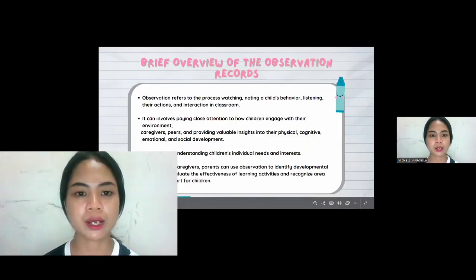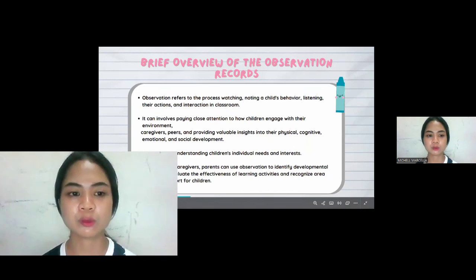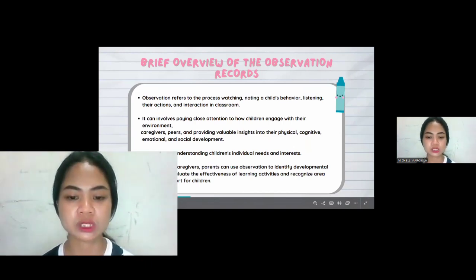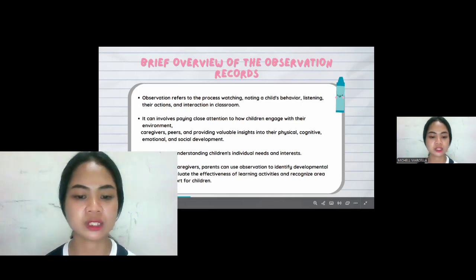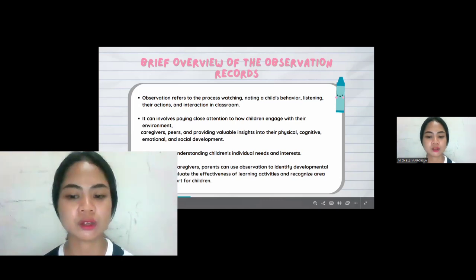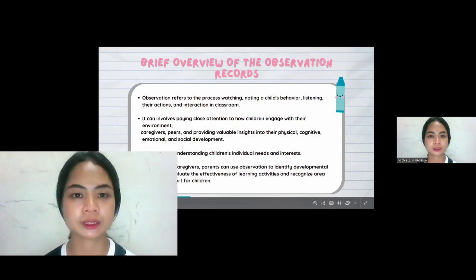First of all, my overview of observation record is that observation refers to the process of watching, noticing a child's behavior, and listening to their action and interaction in the classroom. It can involve paying close attention to how children engage with their environments, caregivers, and peers, providing valuable insight into their physical, cognitive, emotional, and social development.